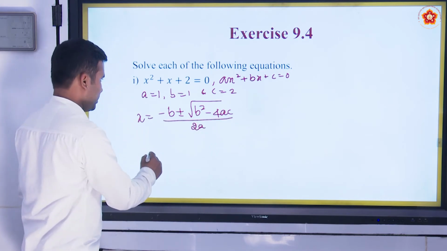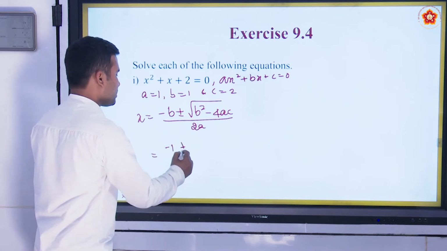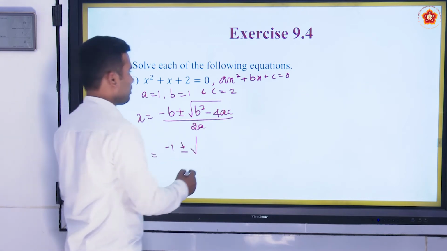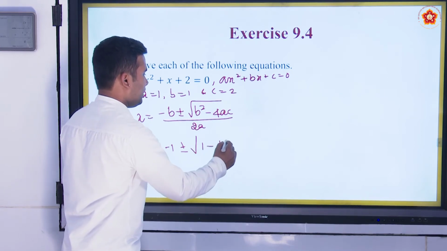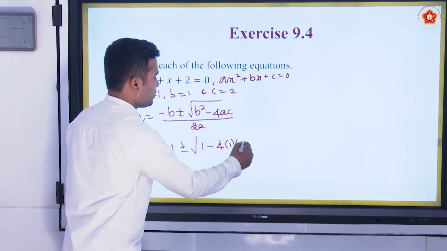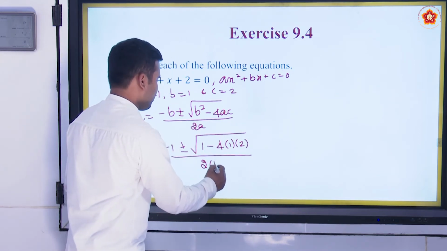Okay. So, what is b here? 1, with minus, plus or minus square root of b square, 1 square is 1, minus 4ac, c is 2 and a is 1, divided by 2 into 1.